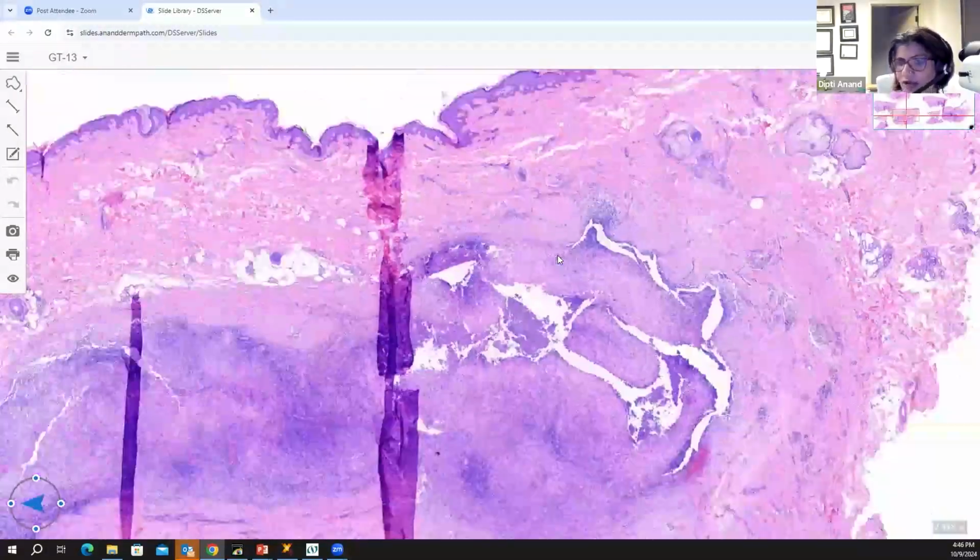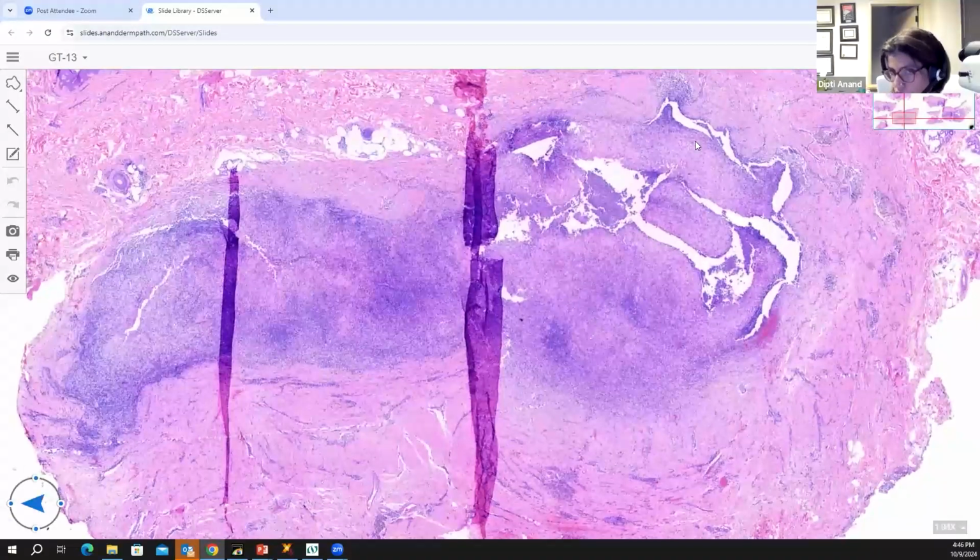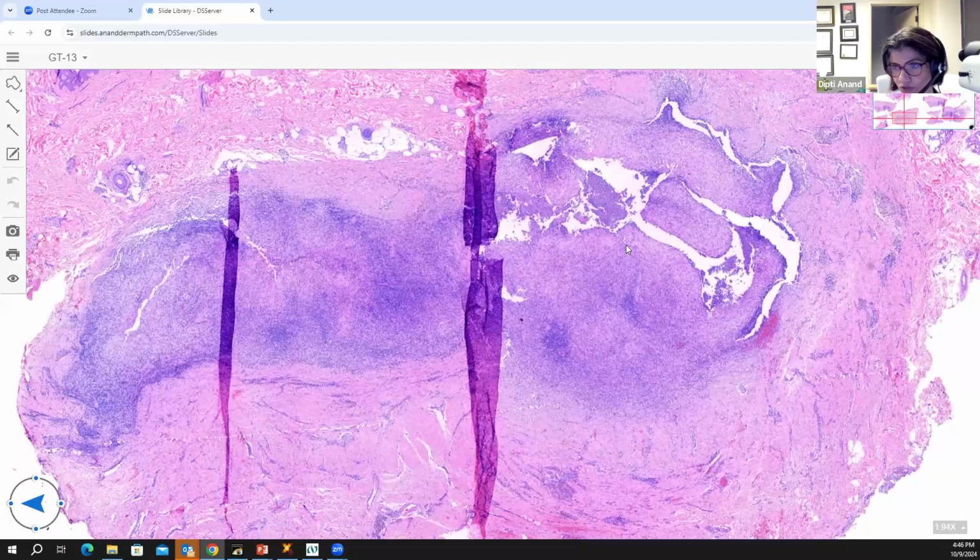The other thing, when you look at a suppurative granuloma at low power, sometimes it can give you a pseudo-palisaded look. The necrosis in the center can make you think that this is a palisaded granuloma, and you may go down the wrong path. Because if you think it's a palisaded granuloma, then you think about GA, rheumatoid nodule, and NLD. So make sure that the palisaded nature that you're seeing is true palisaded or pseudo-palisaded.